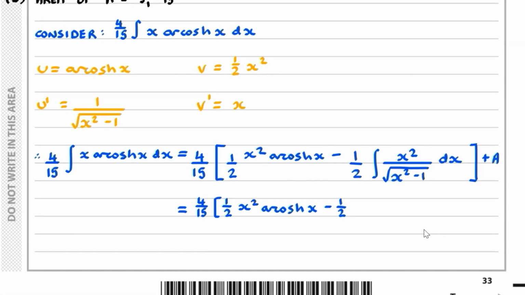We've got 1/2 lots of 1/2. Well, let's just use curly brackets here actually. We've got 1/2 lots of 1/2 lots of x lots of x squared minus 1 multiplied by the cosine of x.